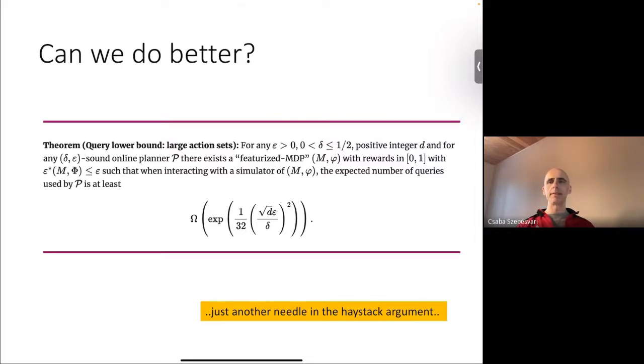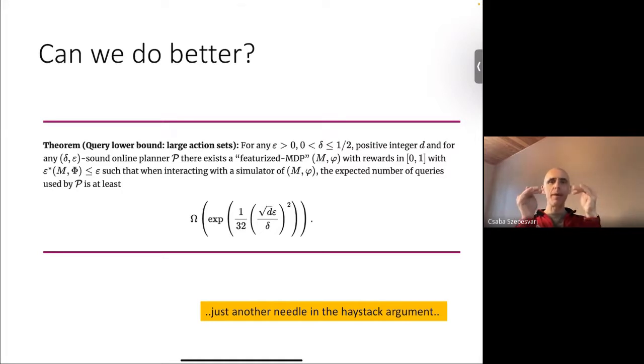So if that is an irreducible approximation error, then if your target accuracy is too small compared to square root d times that error, then you can expect your sample complexity to be exponentially large in terms of the ratio of the approximation error times the square root d blowout factor divided by your target accuracy.